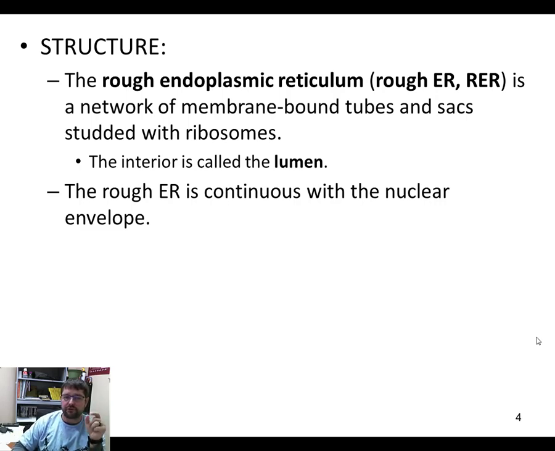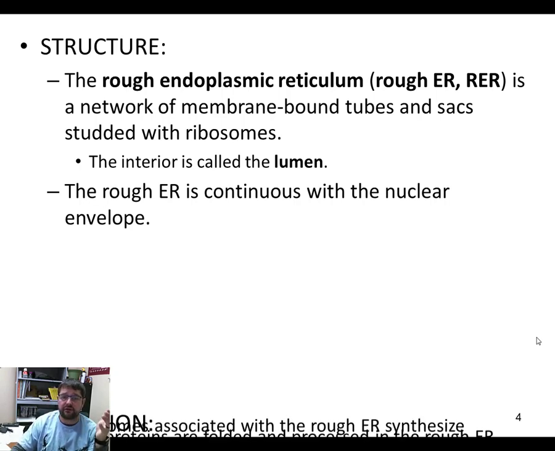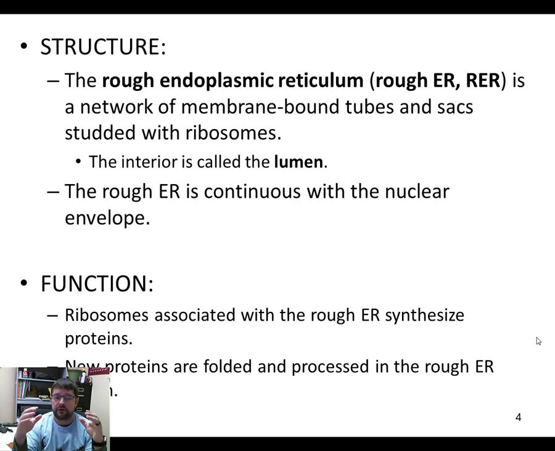So rough ER, again, is associated with the nuclear envelope. It's the site of ribosomes and protein synthesis, and is really distinguished by its look because it looks like kind of fingerling projections that come out.